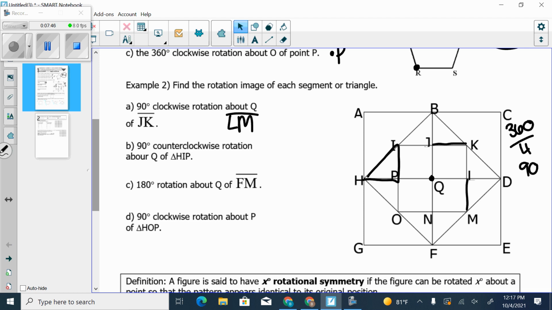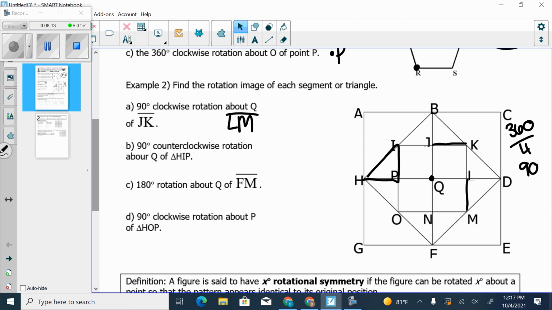If I rotate back 90 degrees, I'm going to turn and come down, right? It's all part of this figure. So if I turn this, I'm turning it and moving down. So I'm not just sitting in one spot, spinning on top of itself. I'm rotating around Q. So it was here, now it's here.